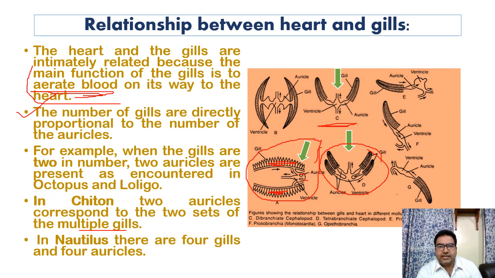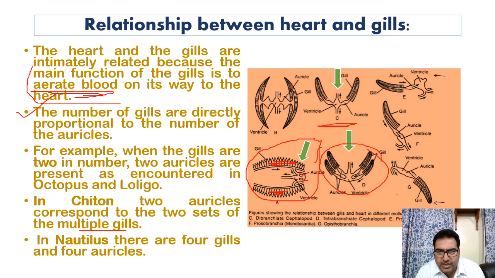When the gill is unpaired, the heart has one auricle, as seen in the case of Opisthobranchia, the Mesogastropoda, and the Neogastropoda.